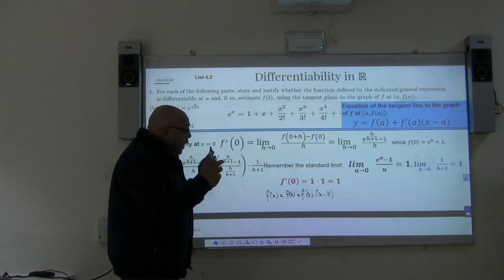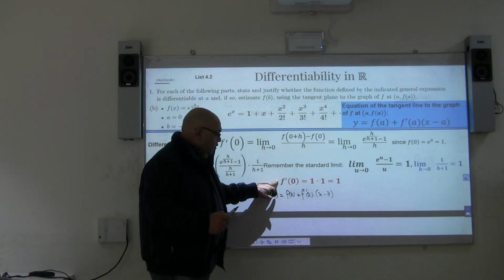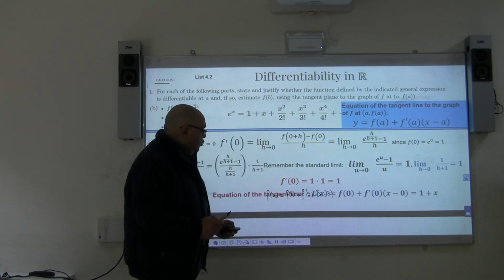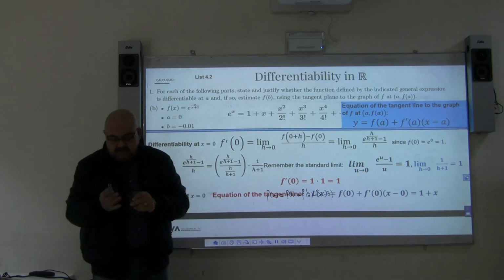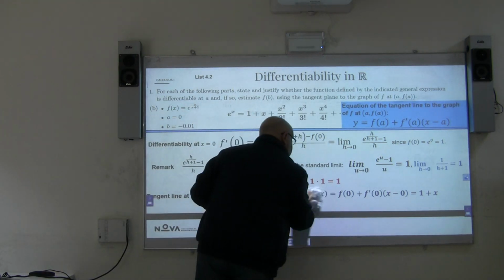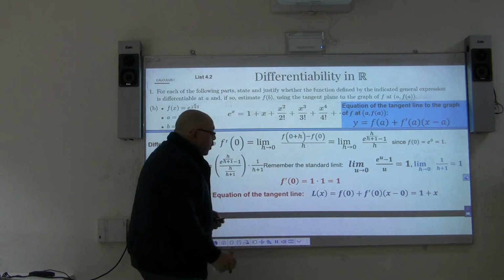Okay? I have everything. I have the derivative at 0, and I have the value of x and the a. So all I have to do is just to make a substitution as the coming step. So once more, this is f of 0, f dash at 0, x minus 0.